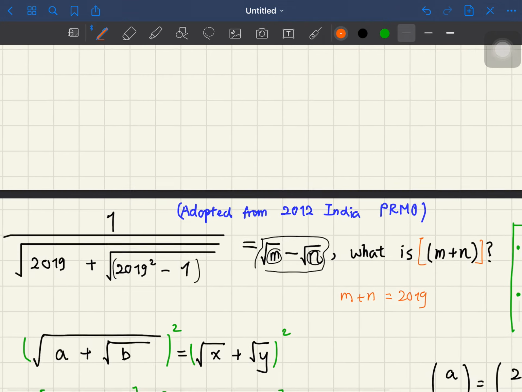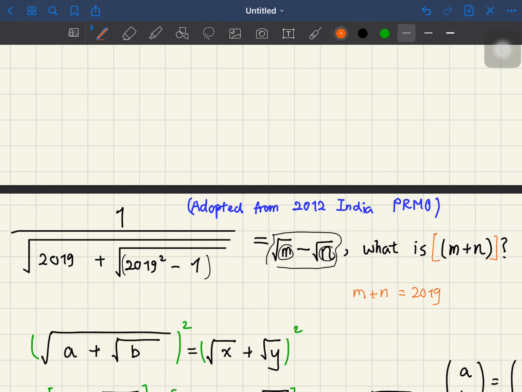That means if you have any odd number, like for example 2011, you will still have m plus n equals 2011. And you will later realize that not all odd numbers are applicable to this very special identity.